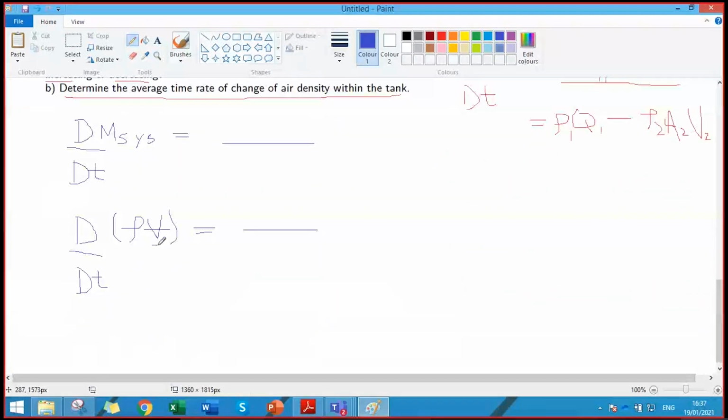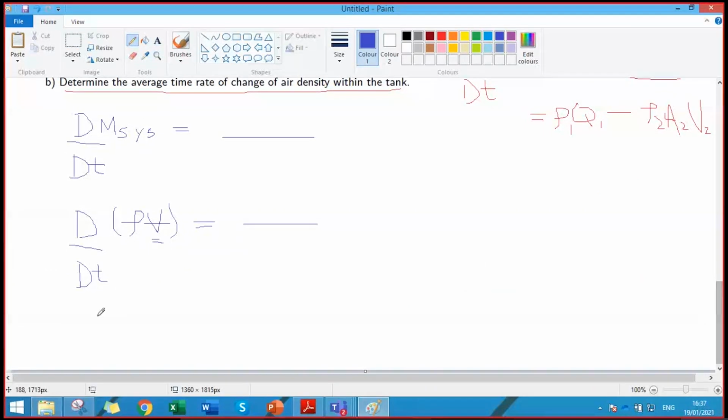So from this derivative, we can take the volume outside and we will get d rho by dt. So did we get the time rate change of density? Yes sir, we just divide by the volume.